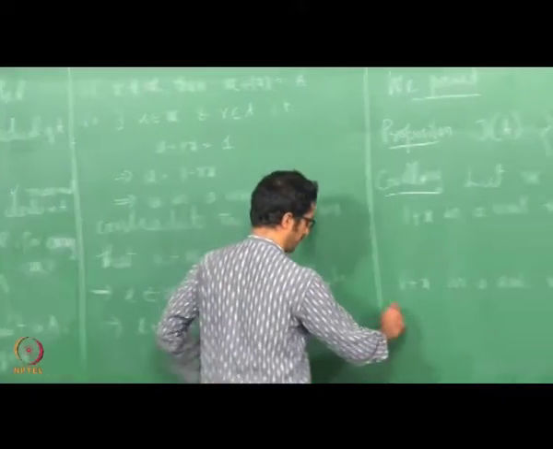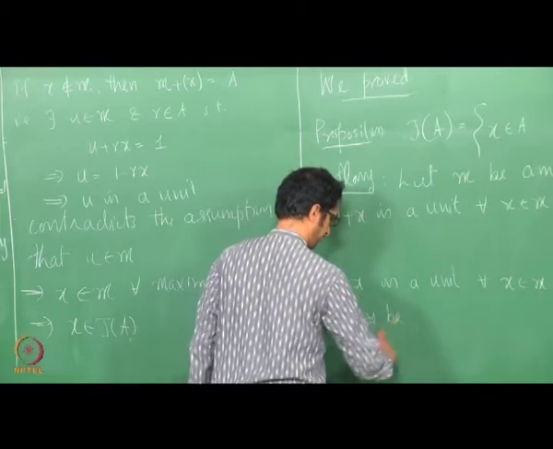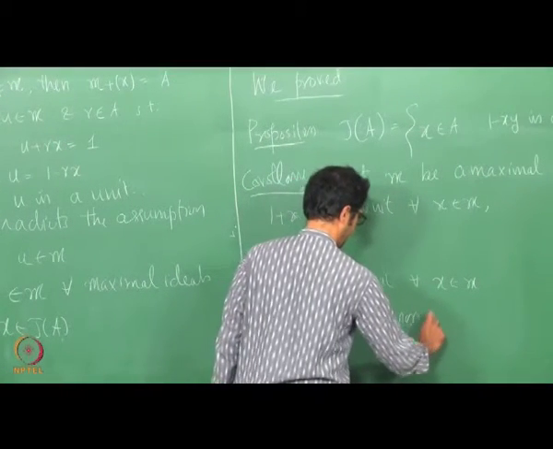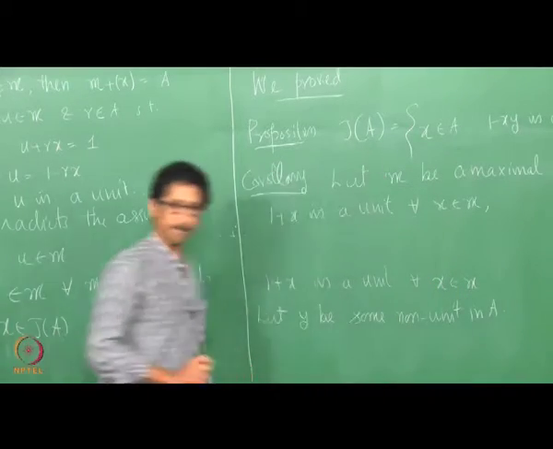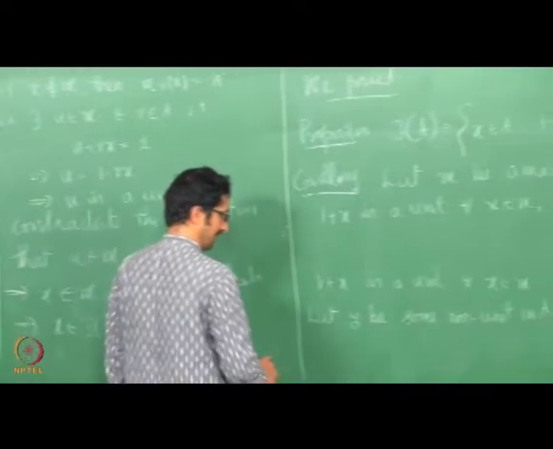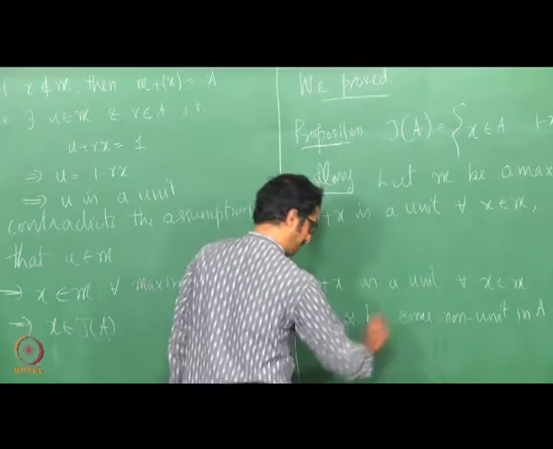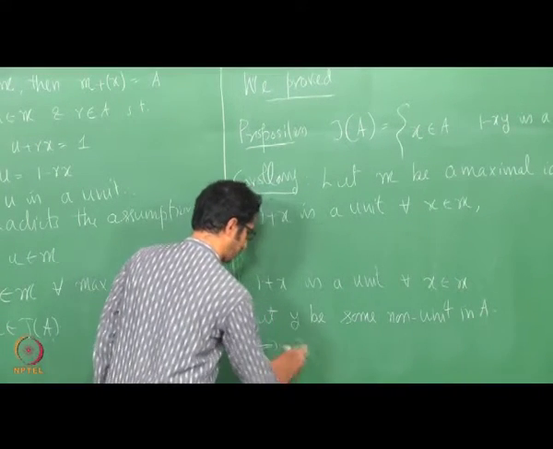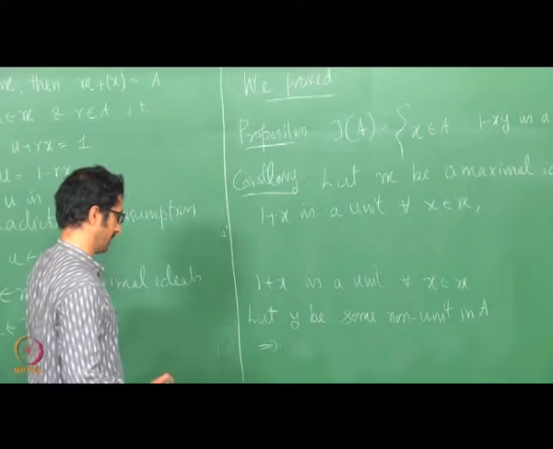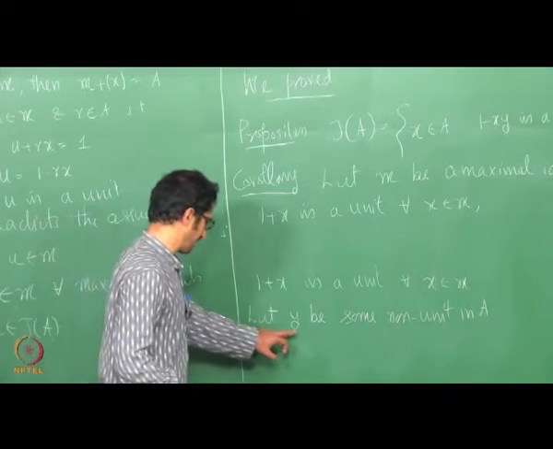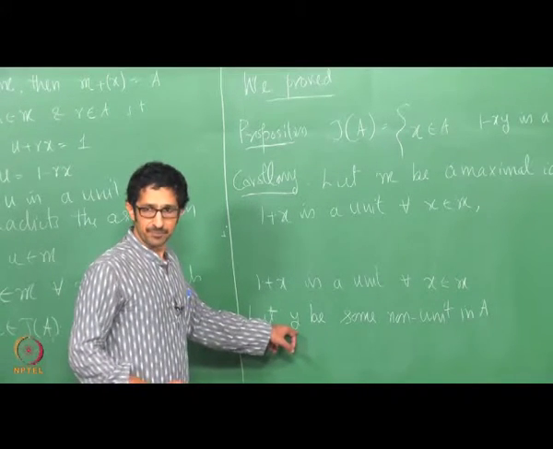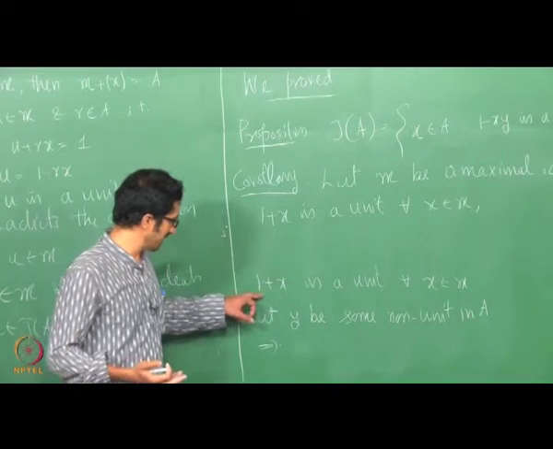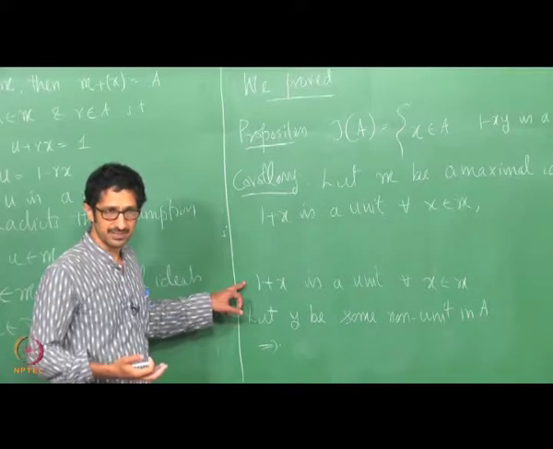So, I start with some non-unit. Let y be some non-unit in A. This will imply that xy belongs to M. If I multiply with any unit, this will remain a unit, right.